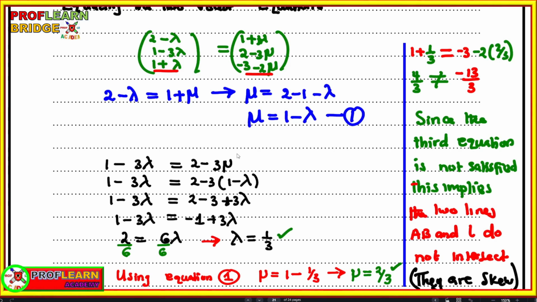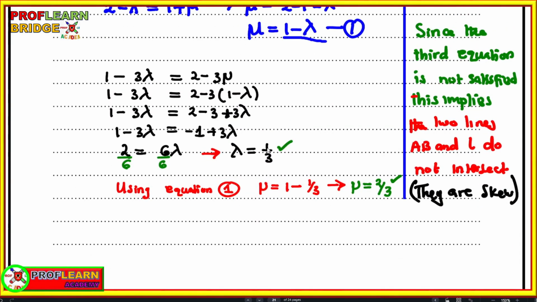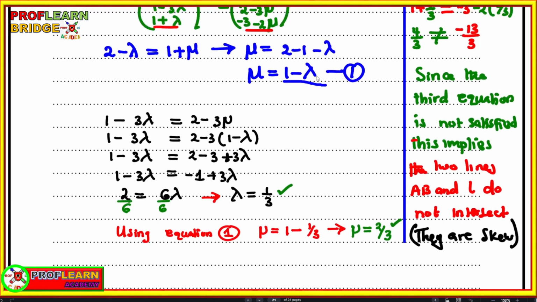So we can substitute it into the second equation: 1 minus 3 lambda equals 2 minus 3 mu. Substituting the mu that we have gotten at this particular point, we get lambda to be a third. Now, using the first equation, we substitute this a third, and we get mu to be 2 over 3.